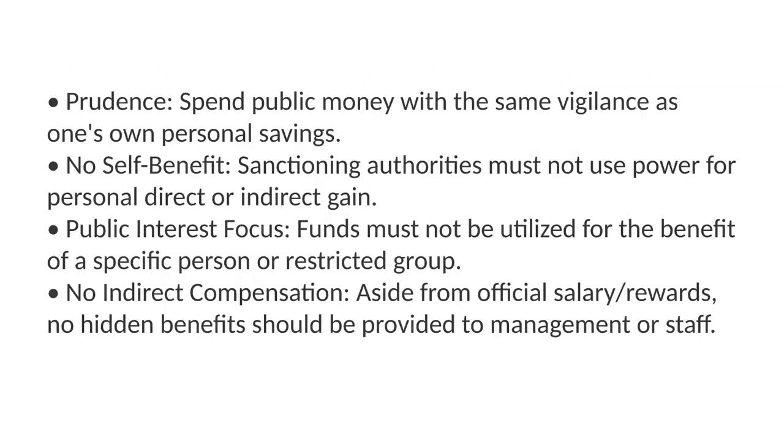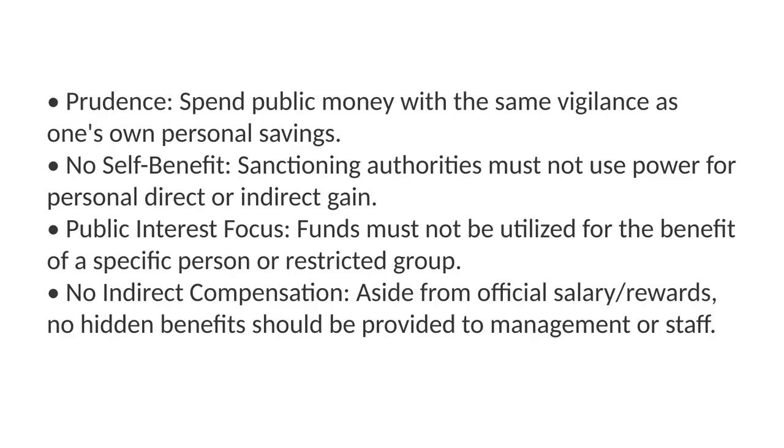There are 4 key principles you need to remember here. First, expenditure should not be more than what the occasion actually demands. Think of this as the prudent person rule. Every official should exercise the same level of vigilance with public money as they would with their own personal savings.